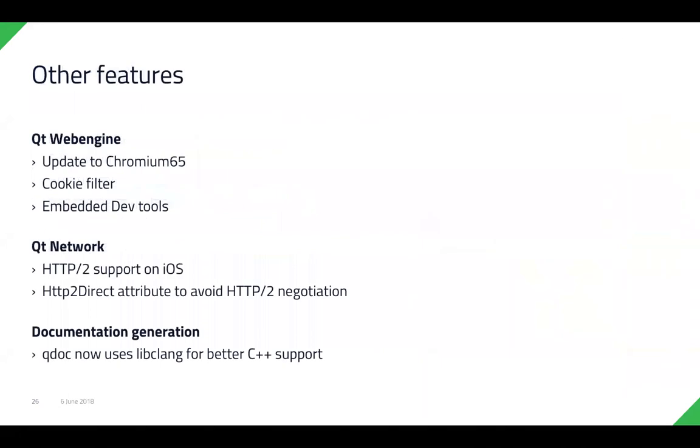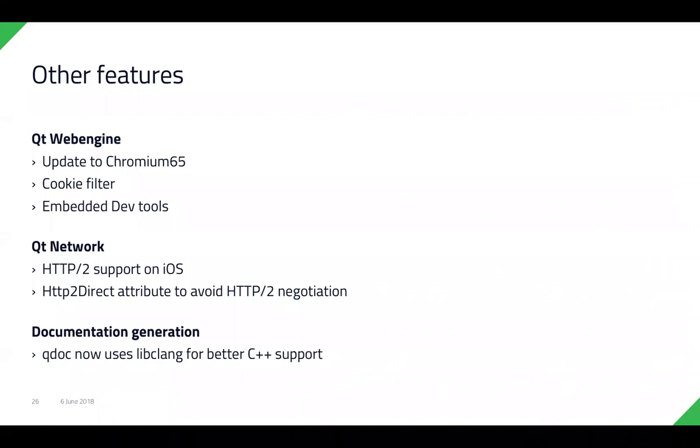Other new features, we have Qt WebEngine, which we updated, of course, to a newer Chromium version. We updated that one to Chromium 65 with Qt 5.11. And added a couple of new features, like, for example, a configurable cookie filter, where you can basically filter out cookies.